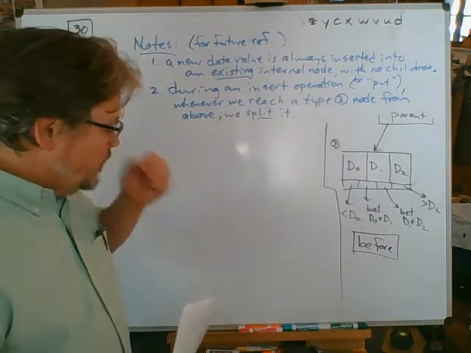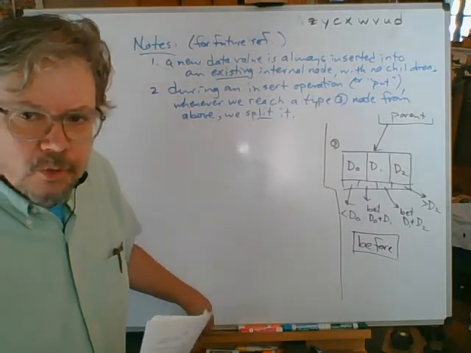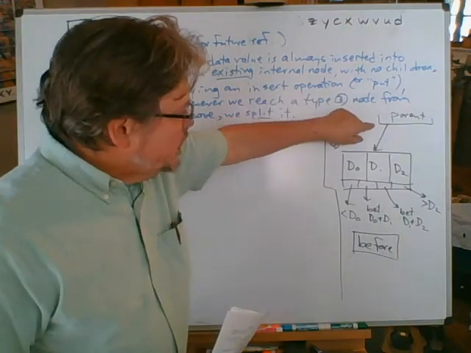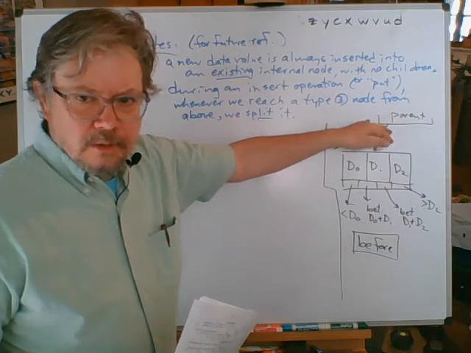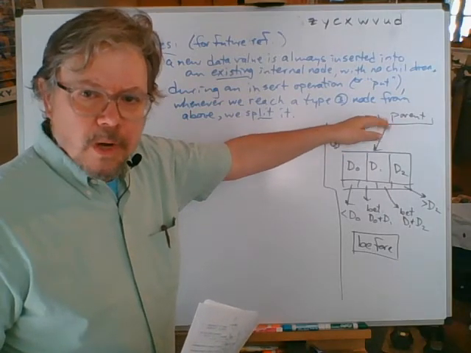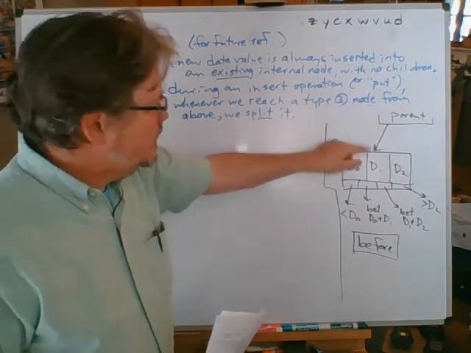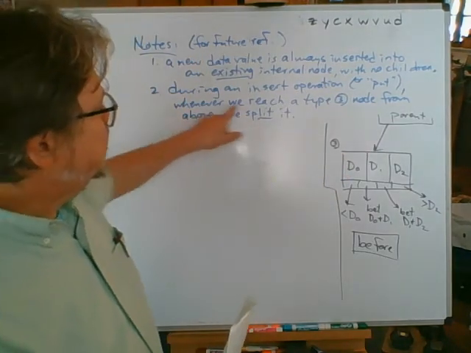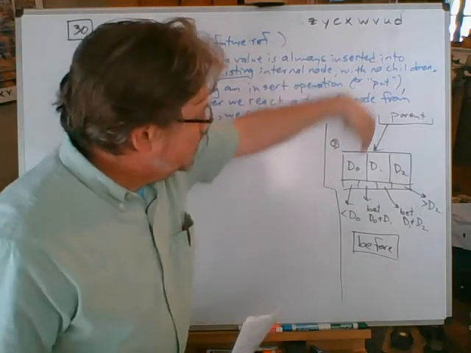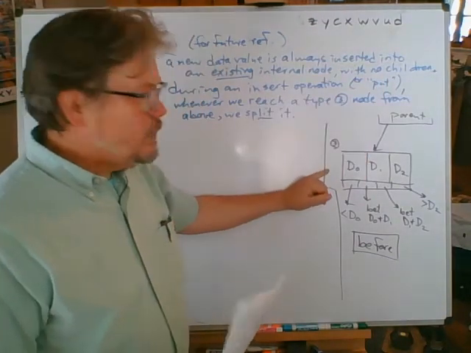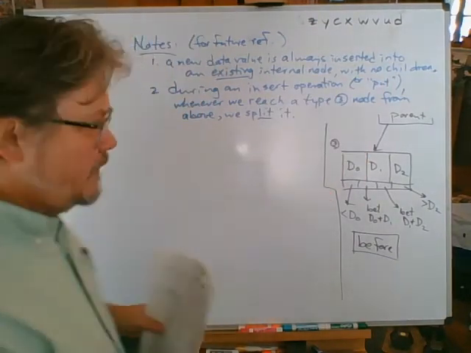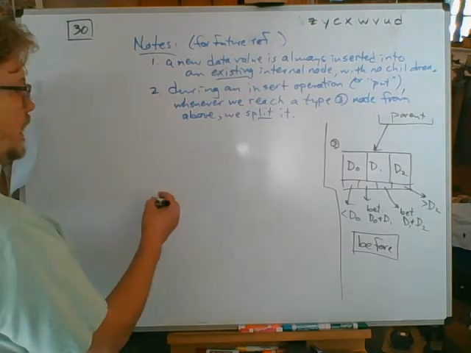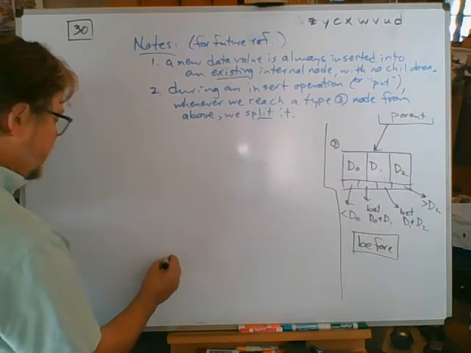So we're going along our merry way, walking down the tree, trying to find a place to put the new data value. And let's say it's between 2 data values in the parent node. So we've got to follow whatever pointer is sandwiched between those 2 data values. And we bonk, we hit this one on the head, which is this case right here. During an insert operation or put, whenever we get down to a type 3 node from above, we split it before we go any further. So that's the before, here will be the after.